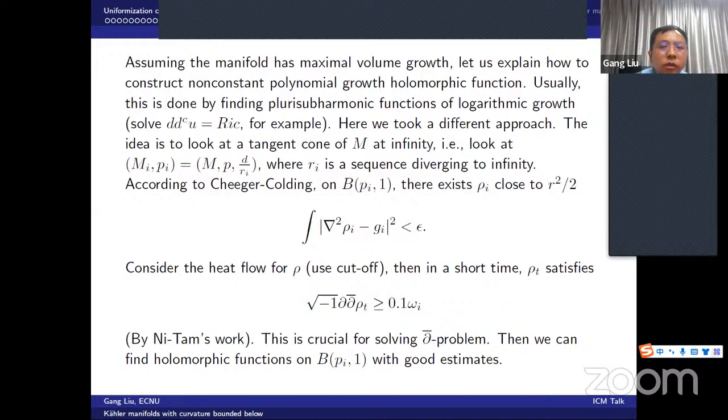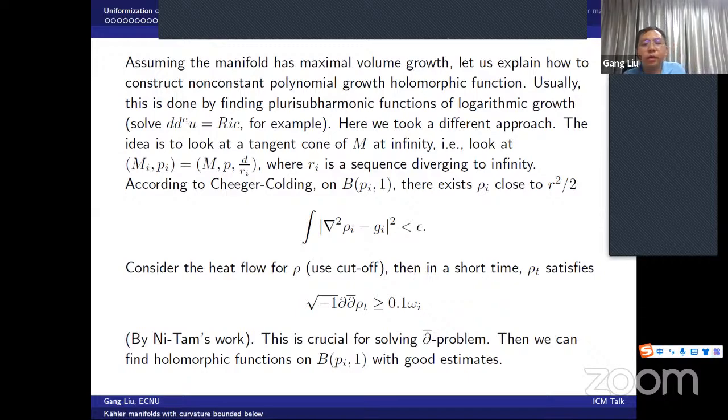According to Cheeger and Colding, on the geodesic ball B(p_i, 1), there exists a rho_i close to r squared over 2 pointwise, such that the following L2 Hessian estimate holds. Now, consider the heat flow of rho for a short time.